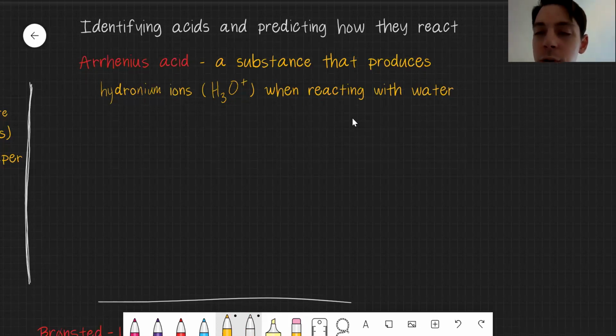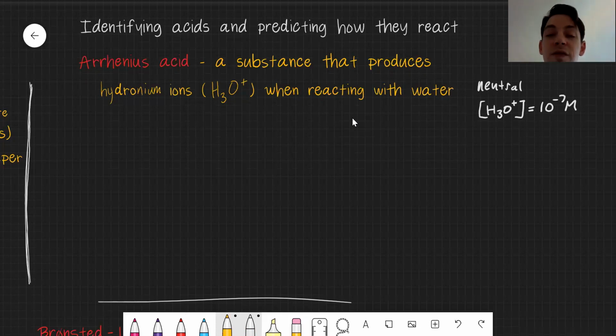Well, neutral environments have a concentration of H3O+ equal to 10 to the minus 7 moles per liter. That's very low. So anything more than that is considered acidic.